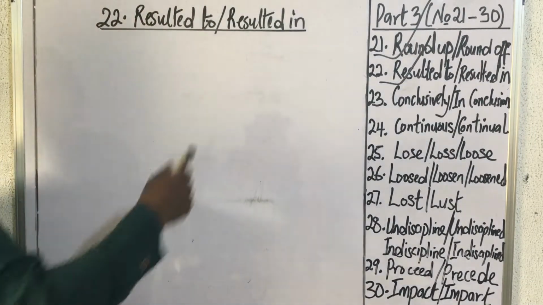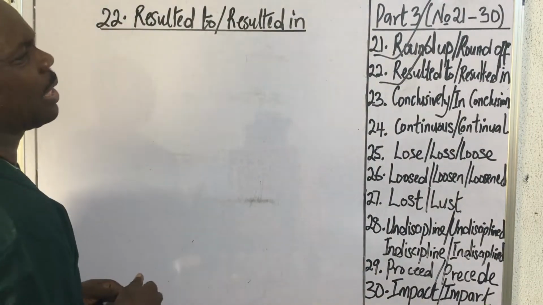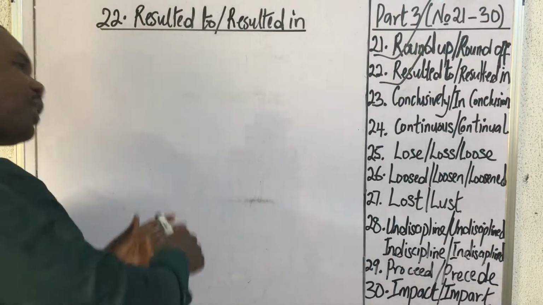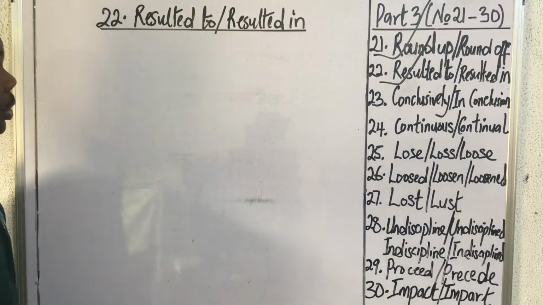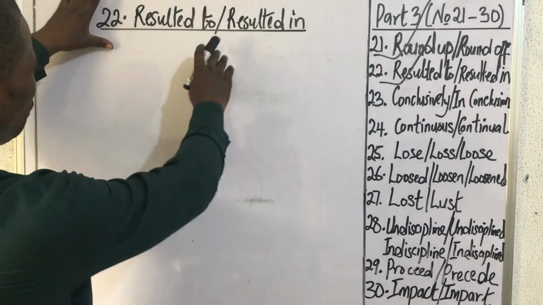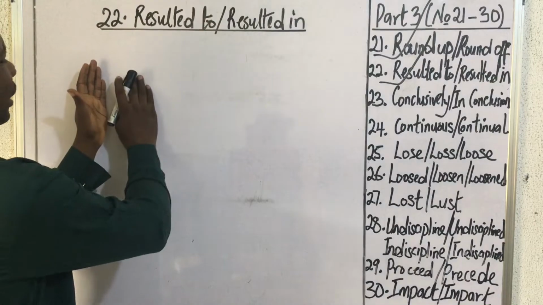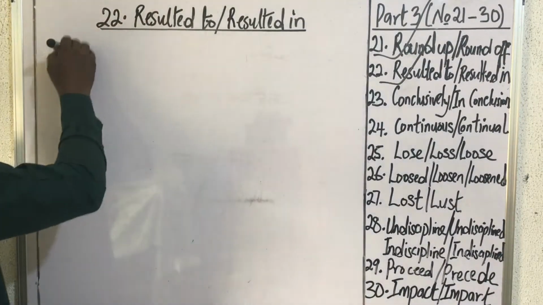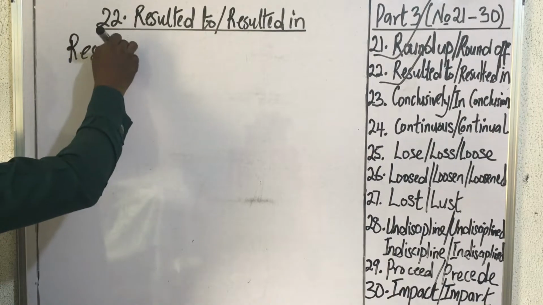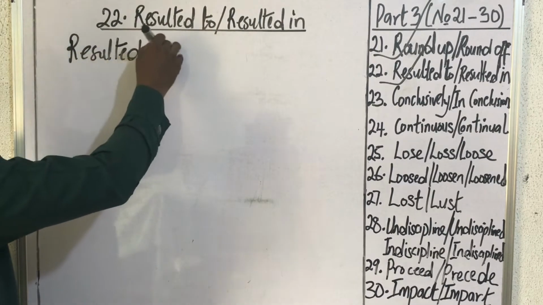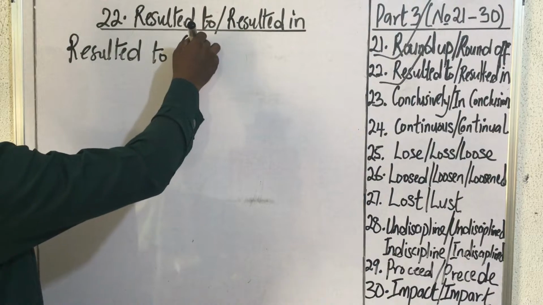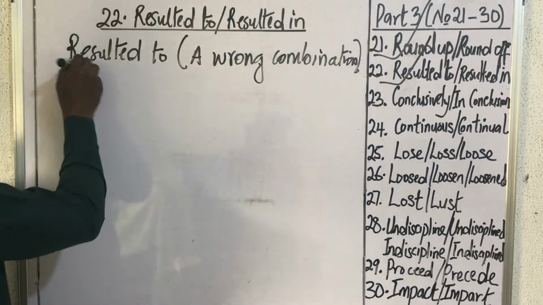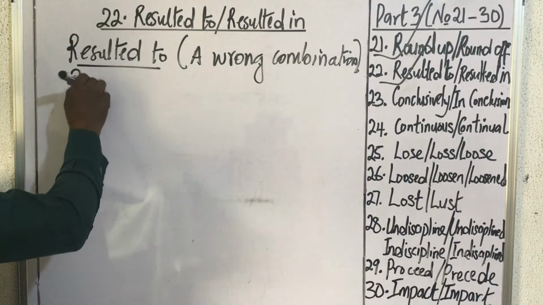There are specific prepositions that must be combined with specific verbs to pass a specific message. If it has to do with one thing leading to another, then it is resulted in. So we say that resulted to is a wrong combination, whereas the correct combination is resulted in.